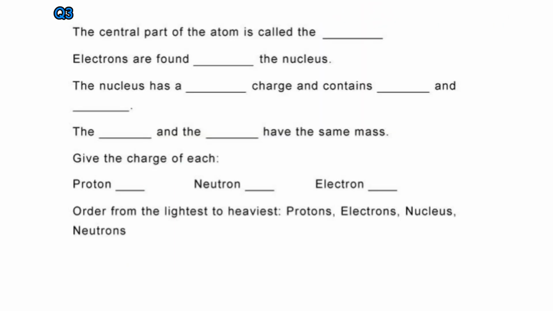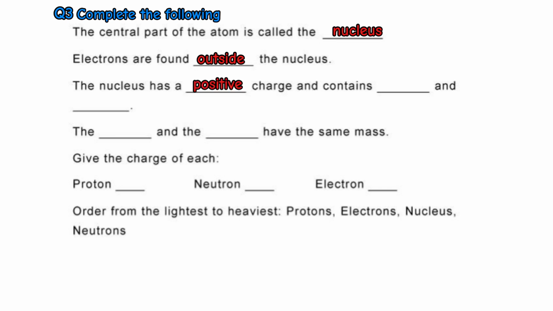Question number 3. Complete the following. The central part of the atom is called the nucleus. Electrons are found outside the nucleus. The nucleus has a positive charge and contains neutrons and protons.